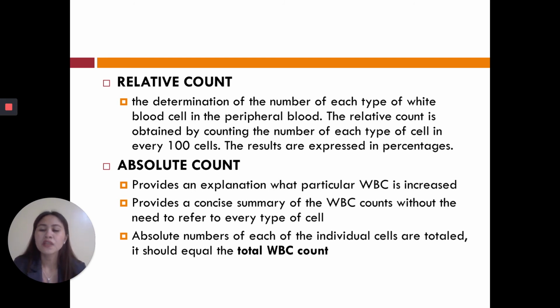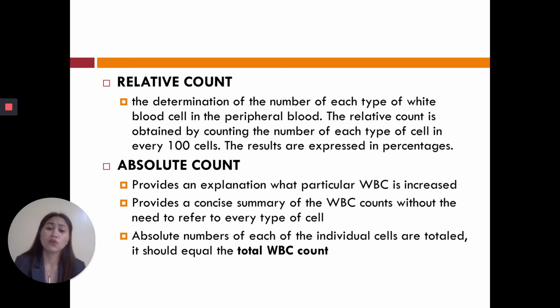Another thing about absolute count, it provides a concise summary of WBC count without the need to refer to every type of cell. The absolute numbers of each of the individual cells are totaled, and it should equal the total WBC count. That's the beauty of counting absolute count.